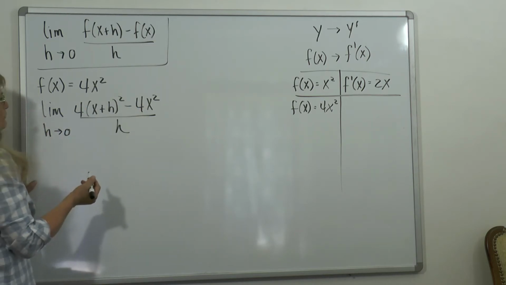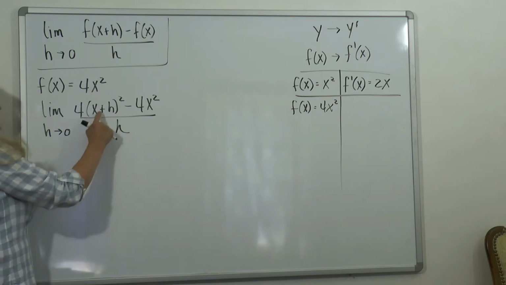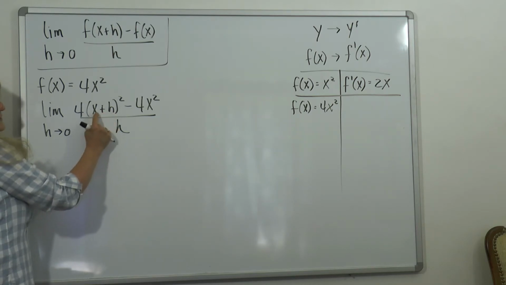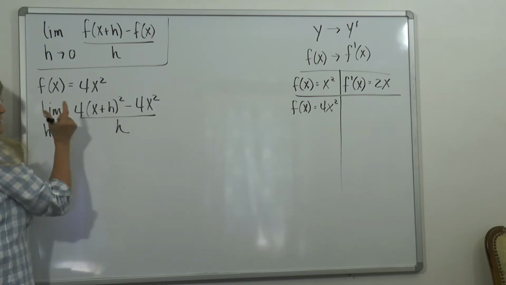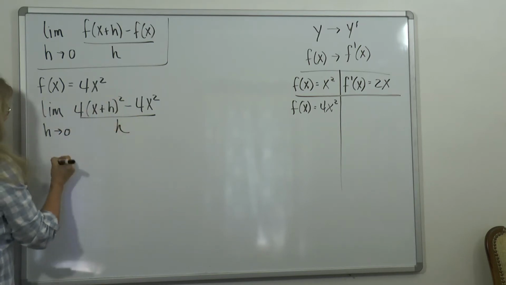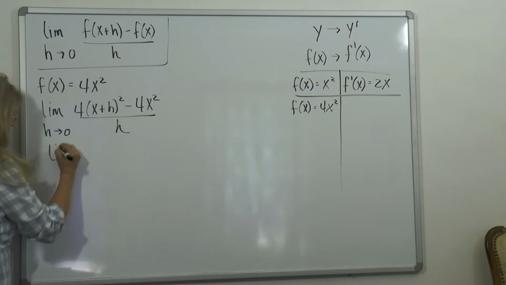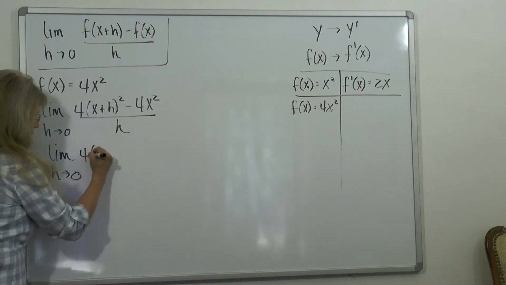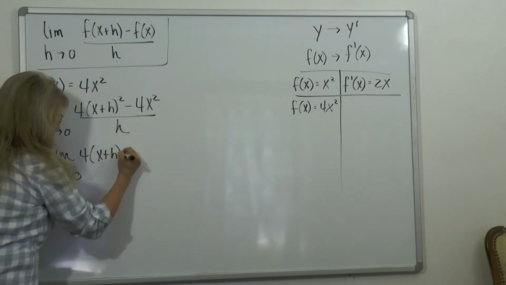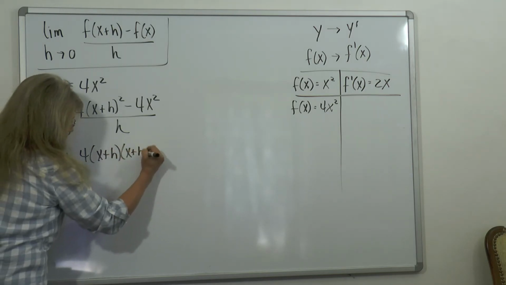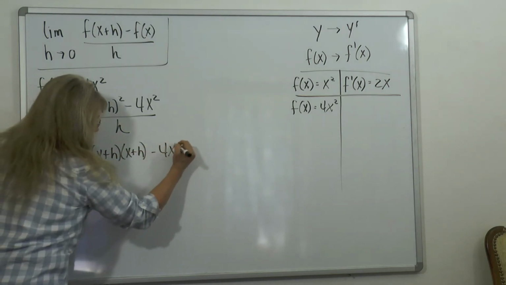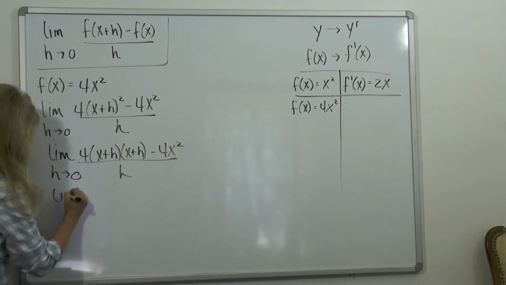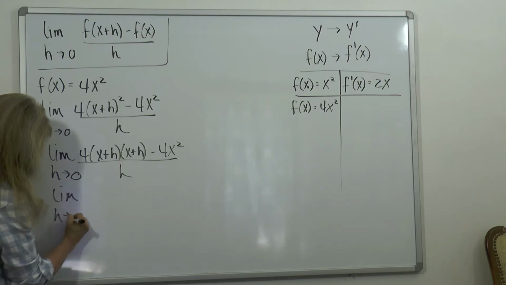That's the goal. Okay, order of operations. I have to square this before I distribute the 4. Remember, this is not x squared plus h squared. It's x plus h times x plus h. These are a pain in the neck. I think they're fantastic, but I think I might be alone. Limit as h goes to 0.